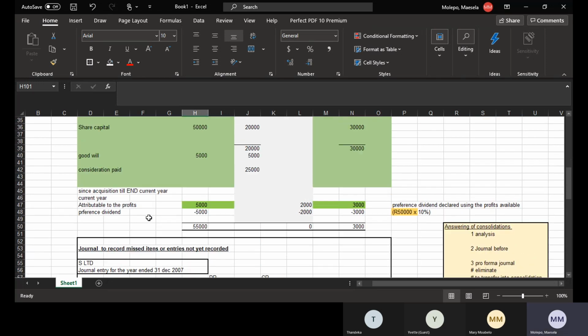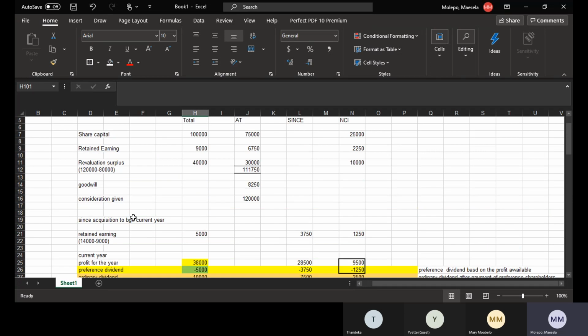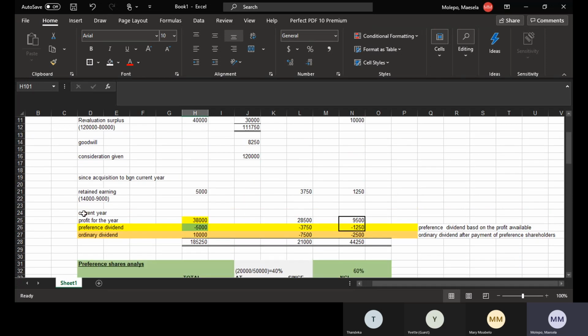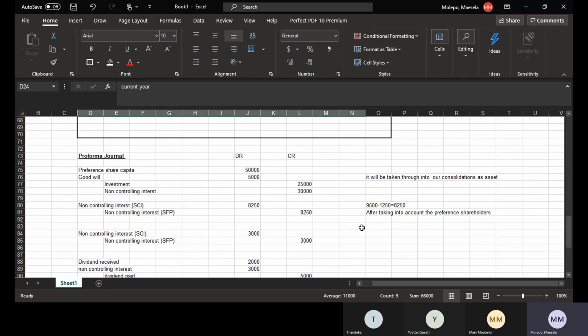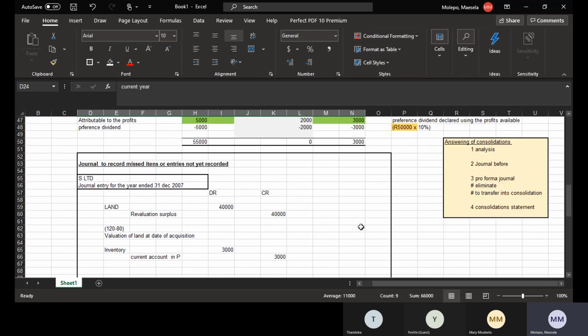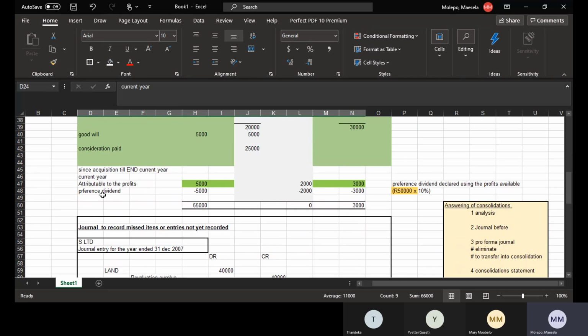It's because we are taking the two profits, the portion for the profit, this one, versus the one attributable to the profit, this portion, this one. So you add them all together, they are both positive, so they're gonna increase the value. But if this one was minus in some other case, which is very rare, you would put it as negative.